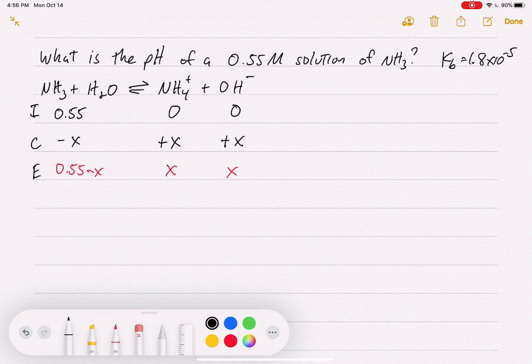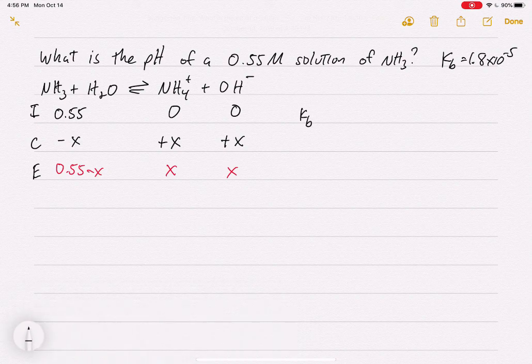Okay, so let's write out our equilibrium constant expression. We have Kb is equal to 1.8 times 10 to the minus 5, and that's going to be equal to the concentration of NH4 plus times the concentration of OH minus all over the concentration of NH3.